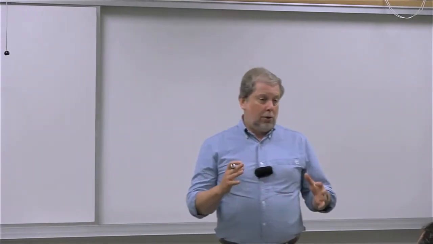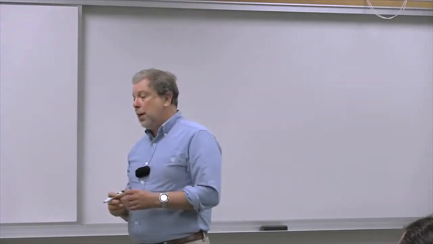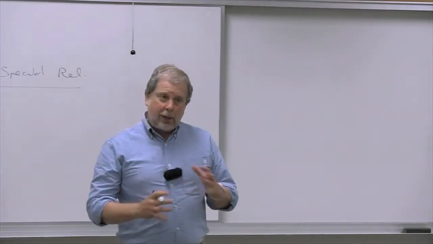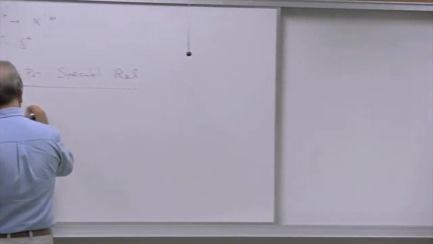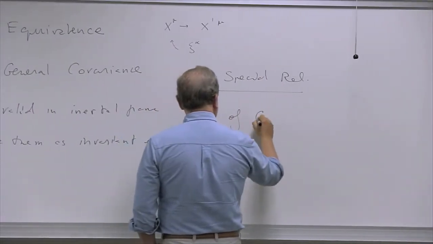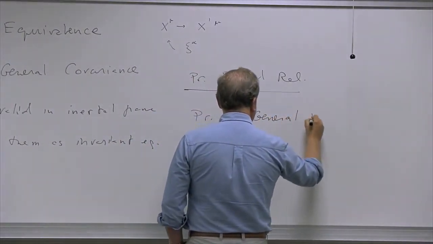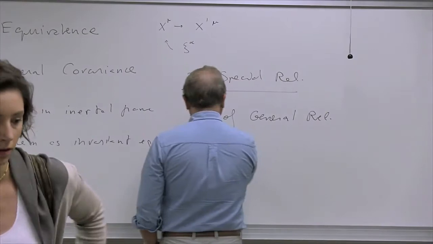We learned to use symmetry principles to extract things that would have the same form in any coordinate system, and that was basically the principle of special relativity. And so here we have something that is similar, which is the principle of general relativity, right?